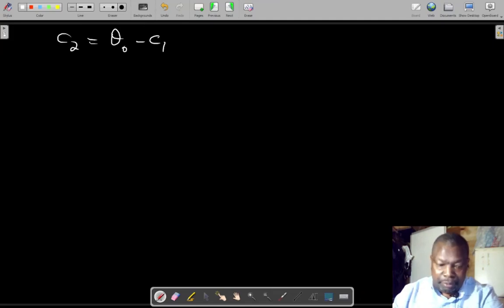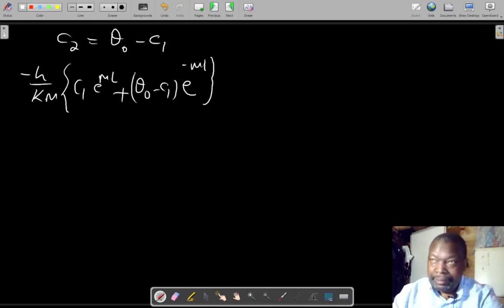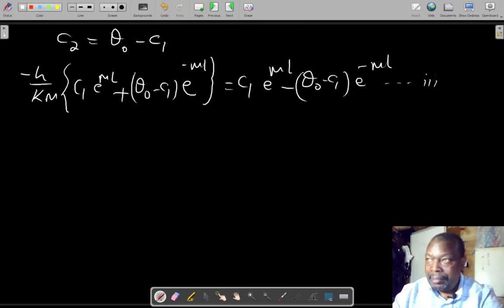So we can substitute for C2 in this equation: C1 e^(mL) plus C2, and C2 is theta naught minus C1, times e raised to the power of negative mL, is equal to C1 e^(mL) minus theta naught minus C1, which is C2, times e^(-mL), and that is our third equation.